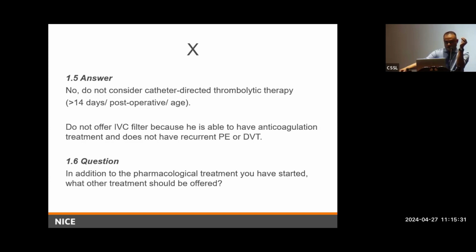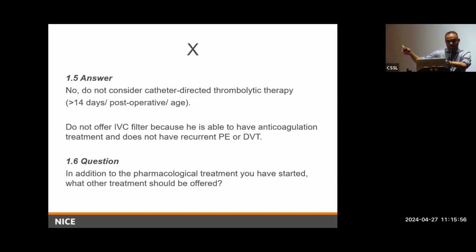So catheter-directed thrombolysis is available. Remember, there's a difference between anticoagulation and thrombolysis. Anticoagulation, heparin and warfarin and novel oral anticoagulants, those are anticoagulants. Anticoagulation prevents new clotting. It doesn't do much to the existing clot.